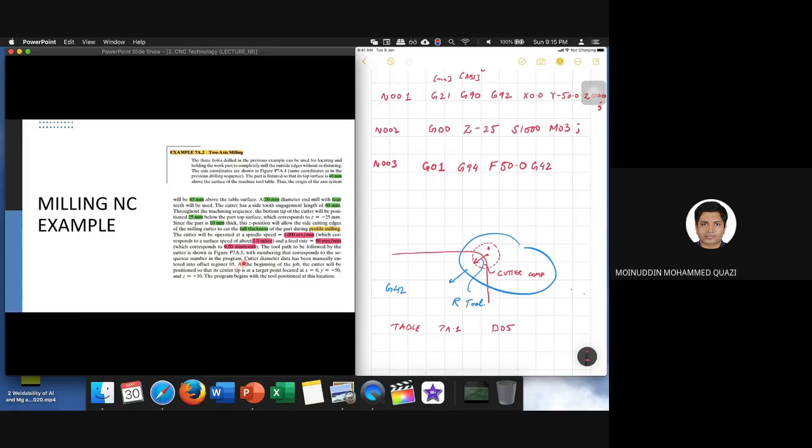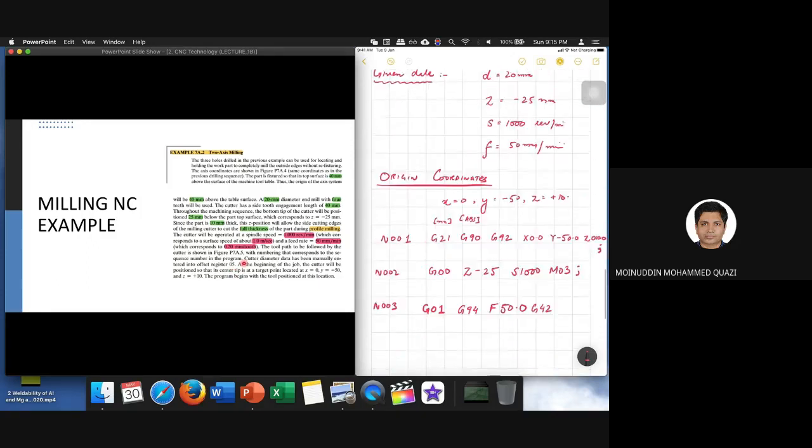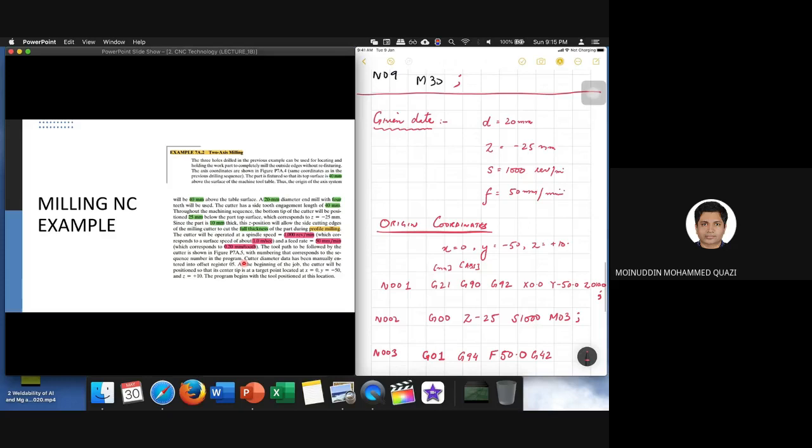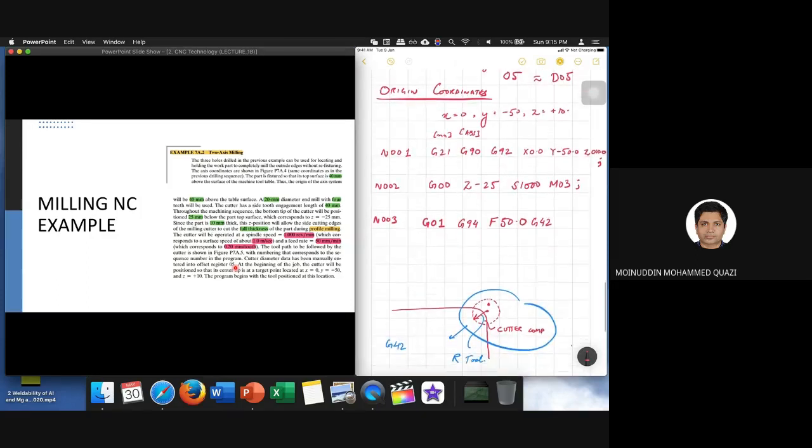In the problem, it is given, so cutter offset register 05 equals D05. That is why I will write here in the code G42 D05, the cutter compensation.